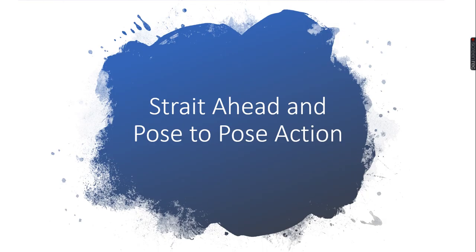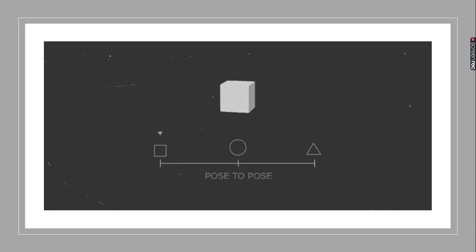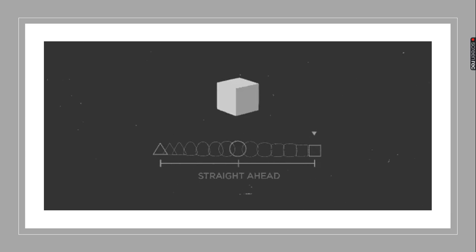Number 4 is known as straight ahead and pose to pose. These are two animation principles used by traditional animators and also by modern animators. Let me show you this GIF file. The first one is pose to pose. That means you go from the square to the sphere to the triangle. In the second way, it goes from the triangle to the square straight away. Let's look at the differences again.